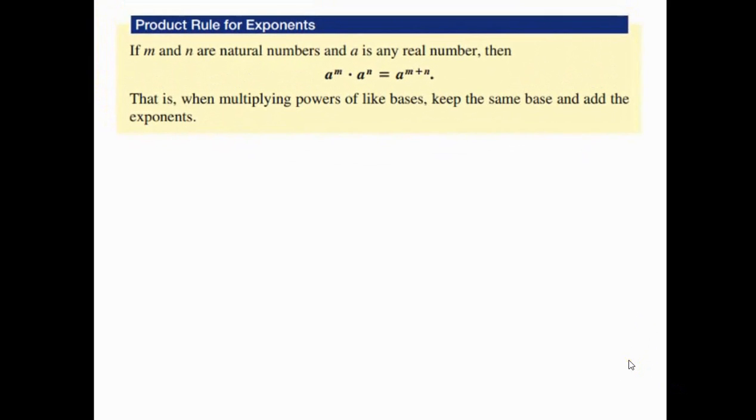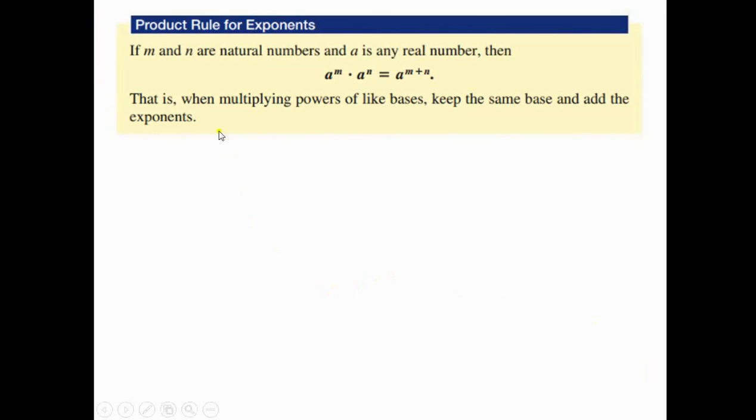All right, so these next ones that we're going to explain are not nearly as profound and, in my opinion, not as interesting as the ones we've talked about so far. But let's get to it here. The one that is very popular is the product rule for exponents, right?